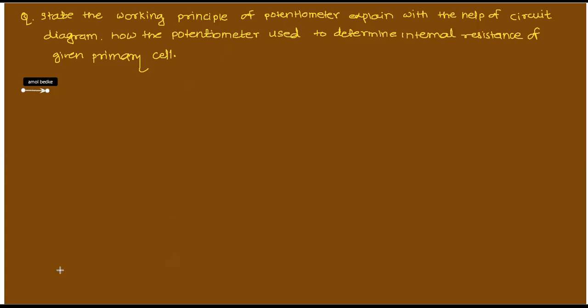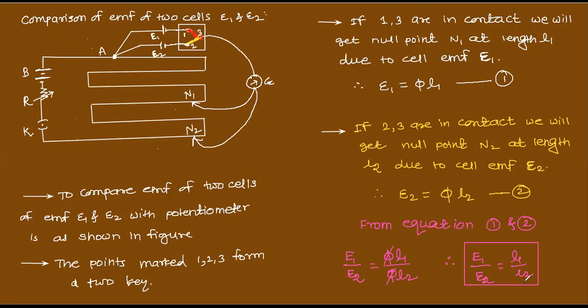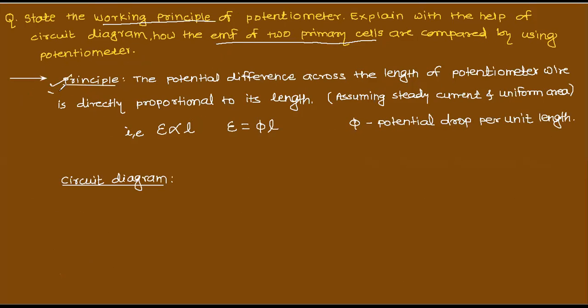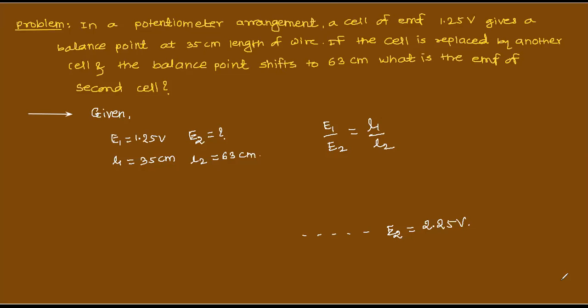First of all, he is asking what is the working principle. So you have to write the principle. If you see the backside, the same principle, you note down as it is. Because the working principle is the same, you will write it here as it is.